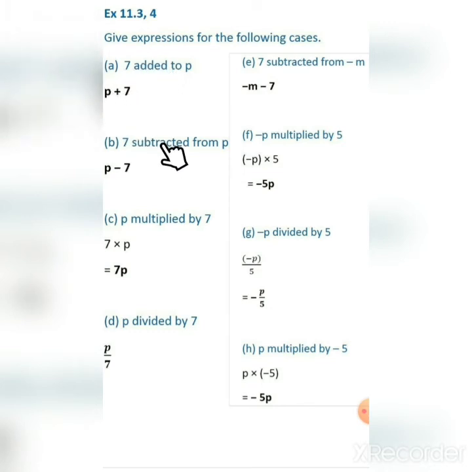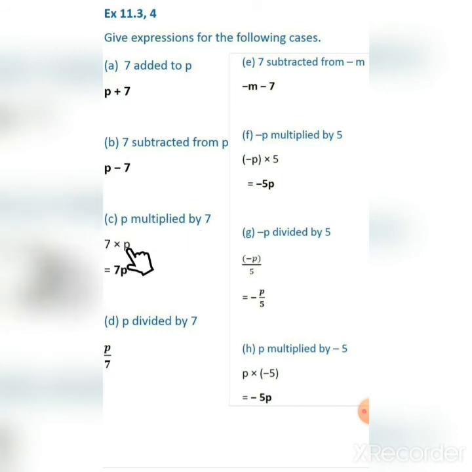Then 7 subtracted from p will be p minus 7. P multiplied by 7: p will come afterwards and 7 will come in front.